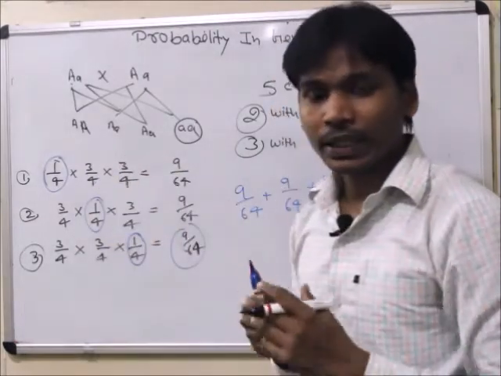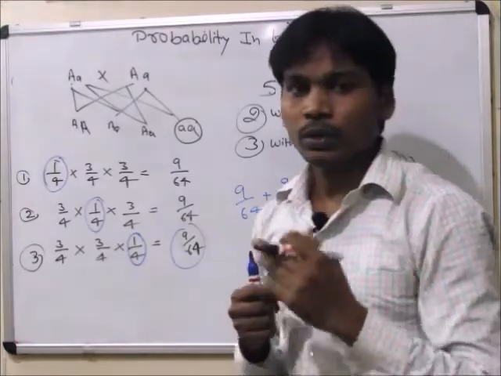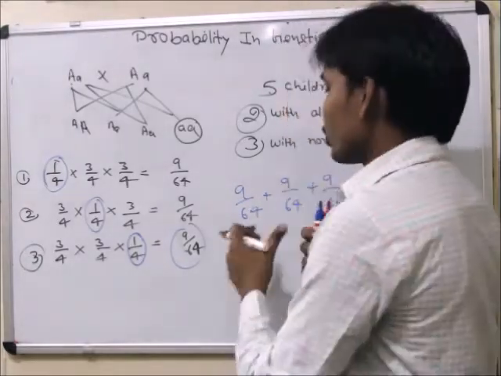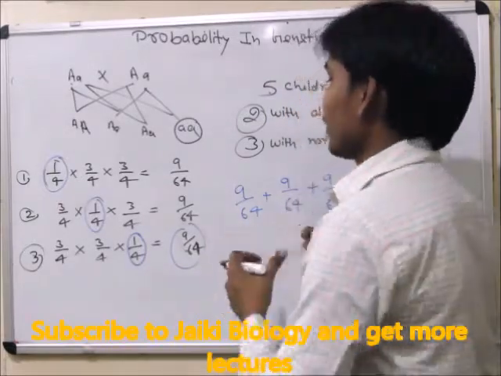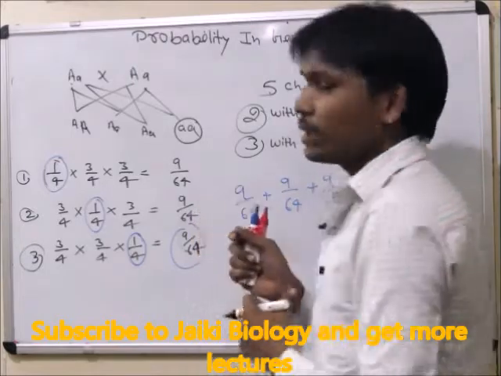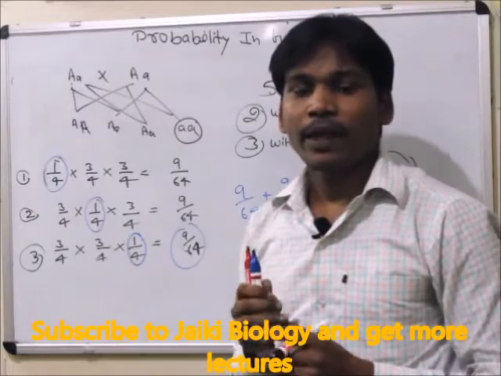Then we use another method, the binomial expansion method. This was the solution of that question, and I hope you have understood the probability and how to solve genetic crosses.